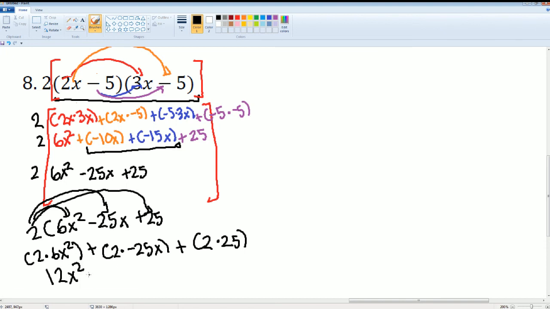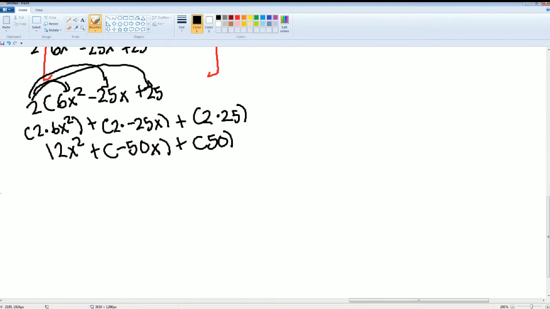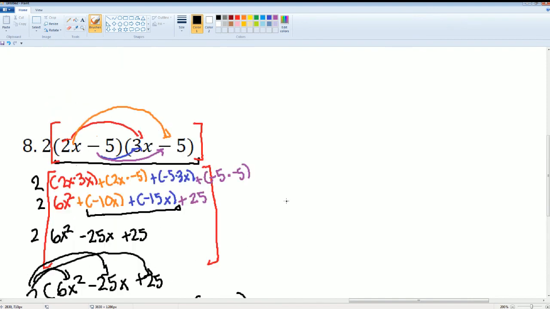Plus, what is this? 2 times negative 25x, so that's negative 50x. Plus 2 times 25 is 50. Okay, alright, you can just simplify this to just be 12x squared minus 50x plus 50. Okay. So there you go. That's the solution for 8.